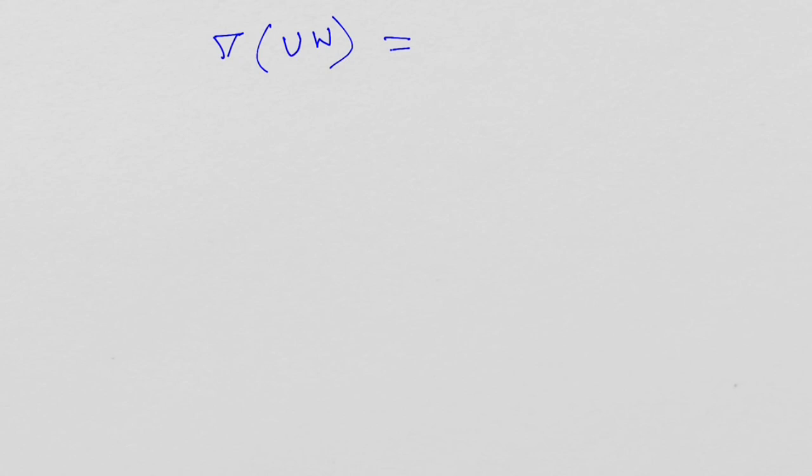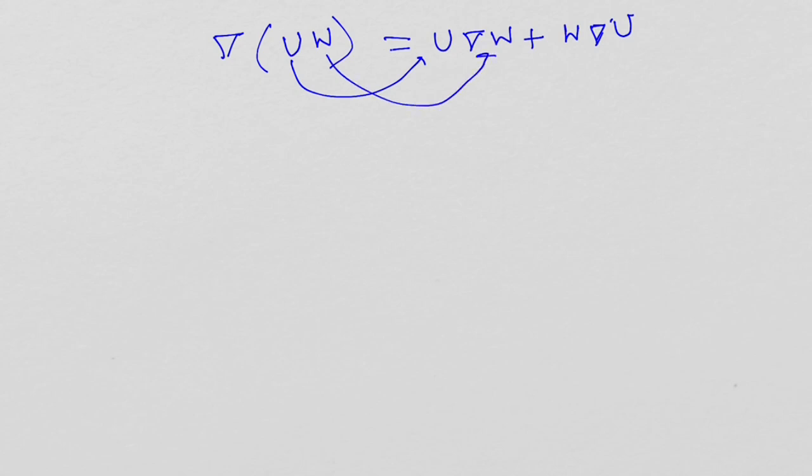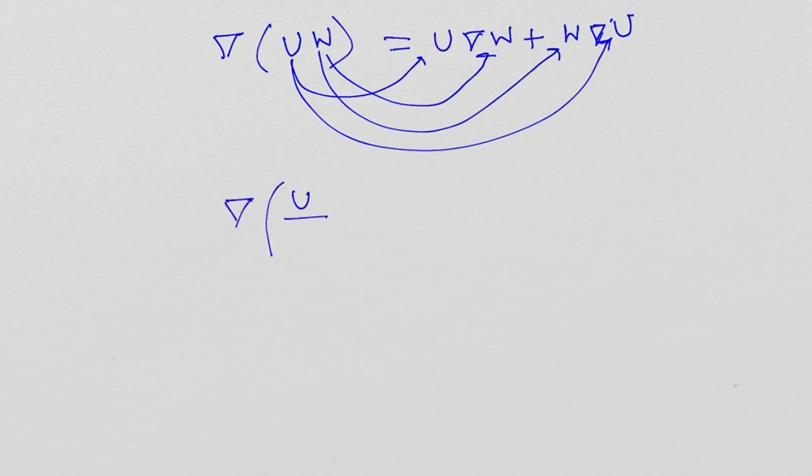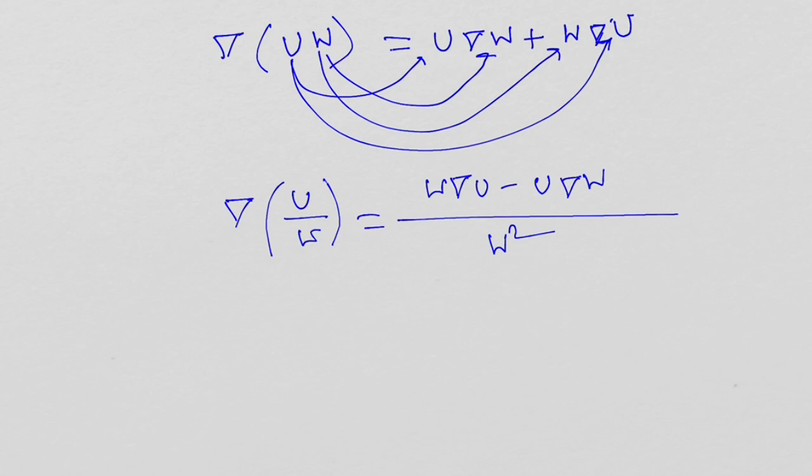Similarly, del of uw is equal to u into del w plus w into del u. Similarly, del of u by w can be considered as w into del u minus u into gradient of w, divided by w square. So these are the properties of gradient.